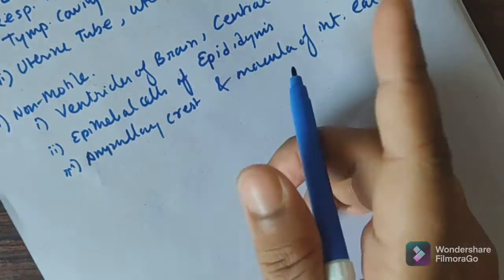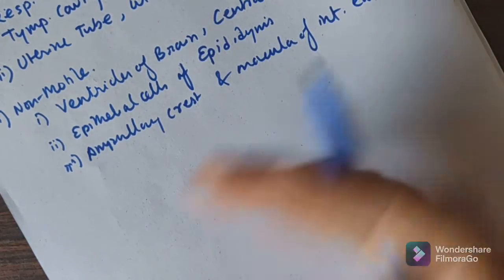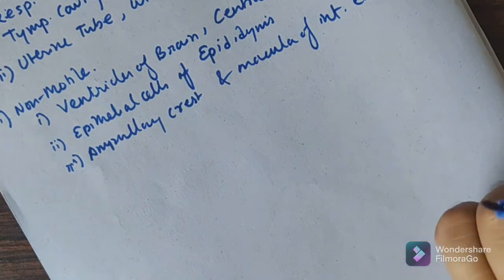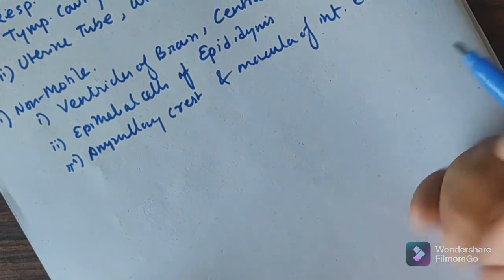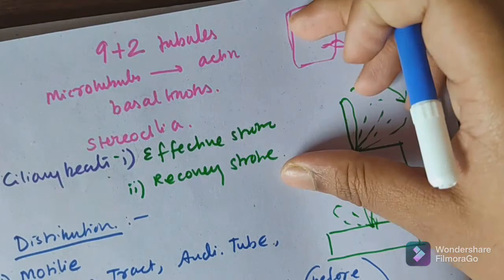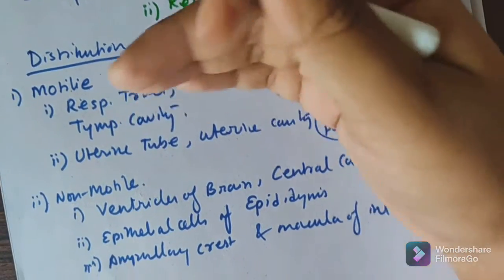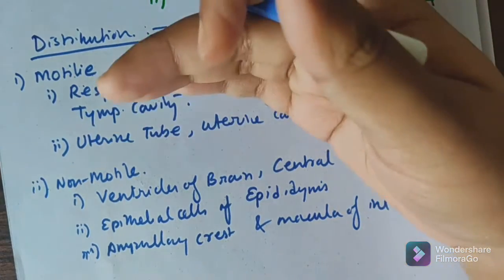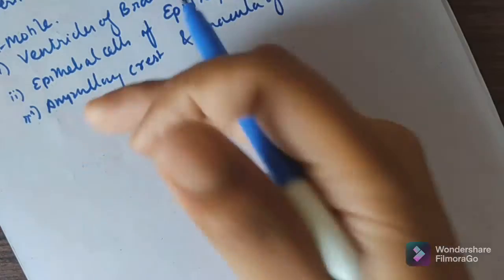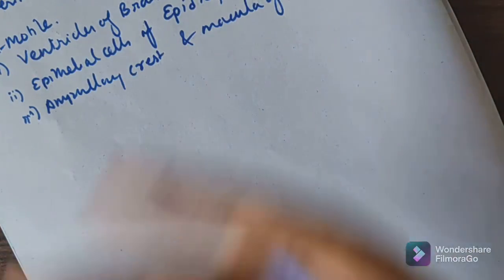Cilia wave rhythmically and help in the transport of cells or other foreign bodies. They protect the respiratory tract by eliminating the bacteria and foreign particles which are trapped by the sticky mucous membrane. So this was about the cilia, the effective stroke, the recovery stroke. Then we discussed the distribution on the basis of motility into motile cilia and non-motile cilia. The cleansing action of cilia is done by exciting the cough reflex or sneezing reflex.